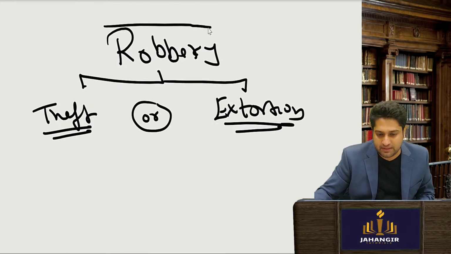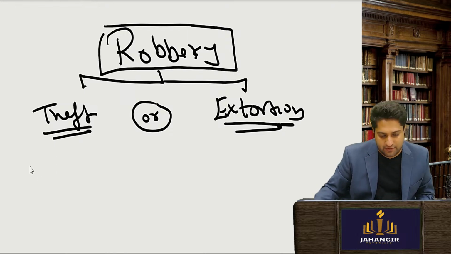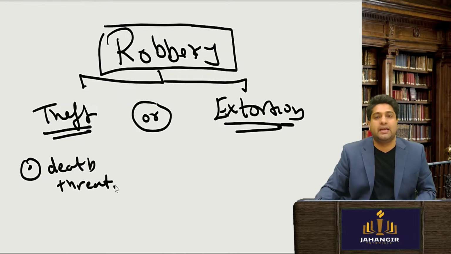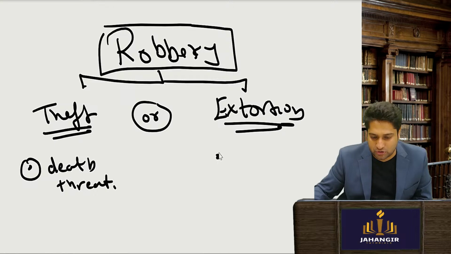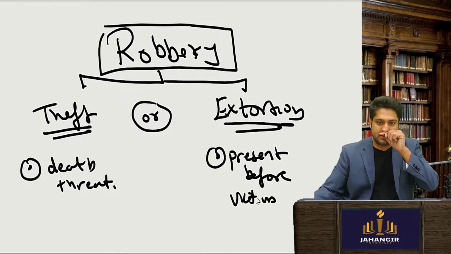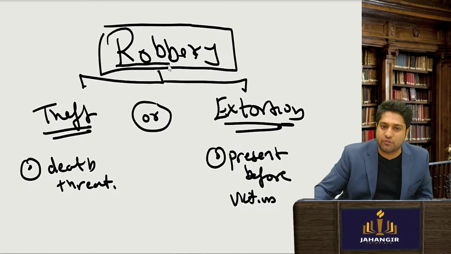Here what is happening is, in theft you are clubbing it with a death threat, and in extortion you are present before the victim. Then it will be treated under the head of robbery only.